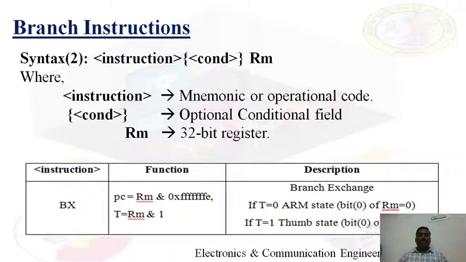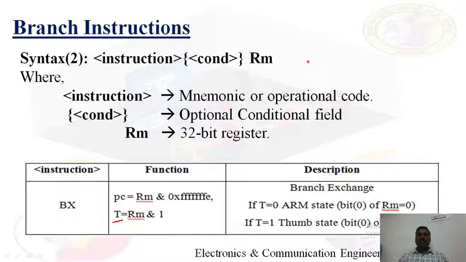Here BX instructions are used to change the state, branch exchange. If the BX instruction is in ARM state, then in order to branch from ARM state to Thumb state, we have to use this BX instruction. As we know, the Thumb state is achieved with the help of the T bit in the CPSR register.